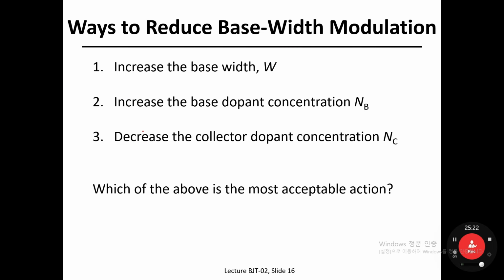Unfortunately, there are three items for reducing base width modulation, but please forget about these three options and think about your own device design guideline. Can you present your own device design guideline from the perspective of reducing base width modulation of your BJT?